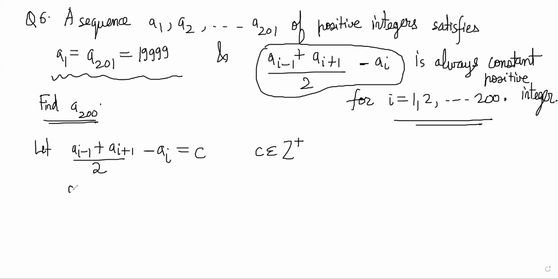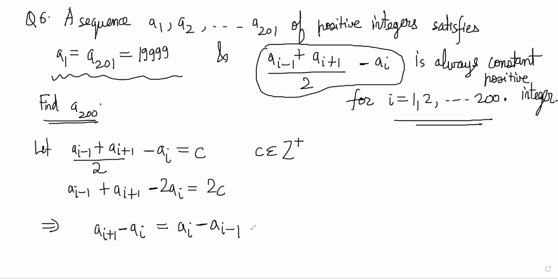So we get A_(i-1) plus A_(i+1) minus 2A_i is equal to 2C, which implies that A_(i+1) minus A_i is equal to A_i minus A_(i-1) plus 2C, right?